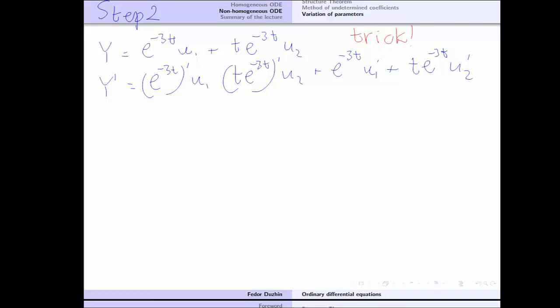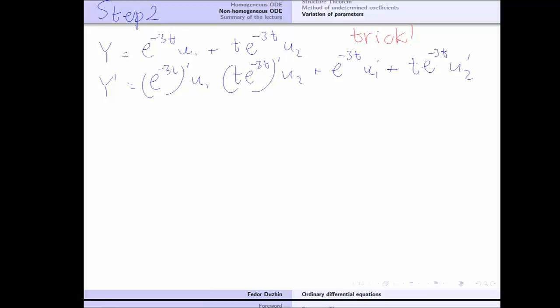When we substitute u1 and u2 into the equation, so when we calculate y double prime and equate the left hand side to the right hand side, we are going to get one equation on u1 and u2. But since we have two unknowns, it means that we could come up with two equations and solve two equations. So where do we get the other equation?